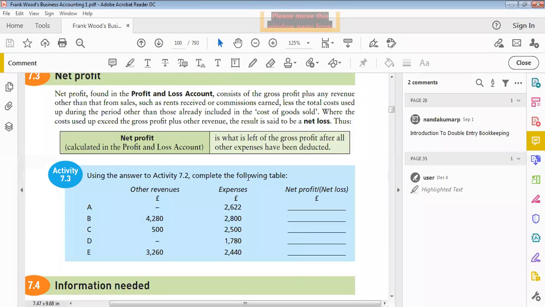Plus 0. In this case now, you have negative 230 plus 0 equal to negative 230. Negative 230 again. Minus 1,708.